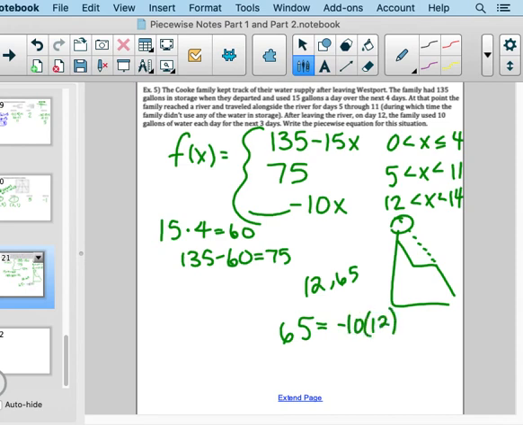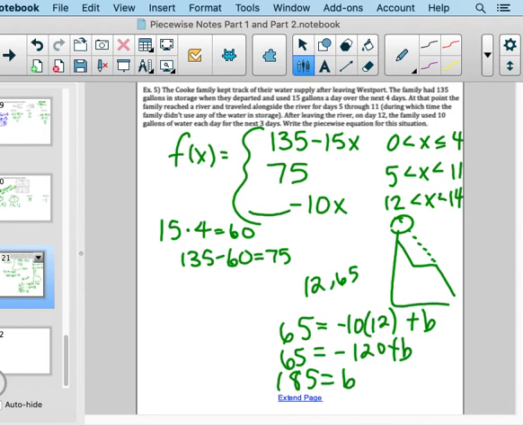So y equals mx plus b. And negative 10 times 12 is a negative 120. And you can add that 120 over to figure out where you would have been up here. And that would have been 185 as that starting point.